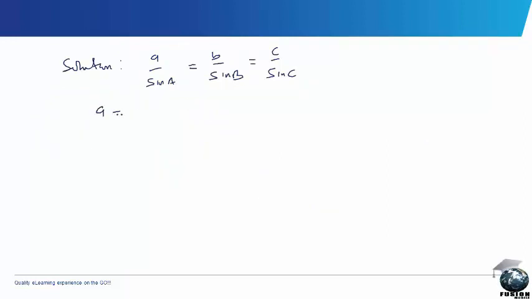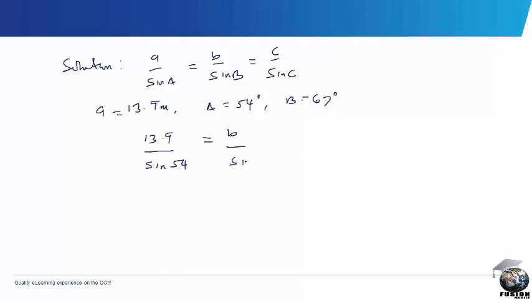Side a is equal to 13.9 meters, angle A is equal to 54 degrees, and angle B is equal to 67 degrees. So we have a, which is 13.9, over sine A, which is sine 54, is equal to b over sine 67 degrees.